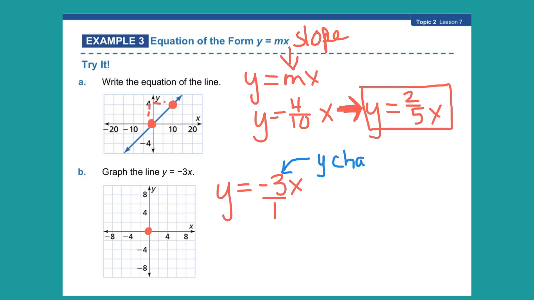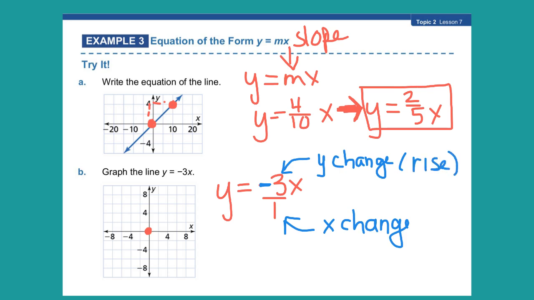In this case, I didn't say rise, only because there's a negative. So instead of rising, we're going to be falling 3. And this is my x change or my run. So I can still sort of think of that as rise, but I know it's negative over run.